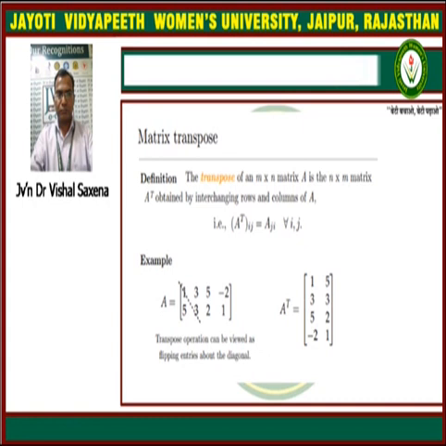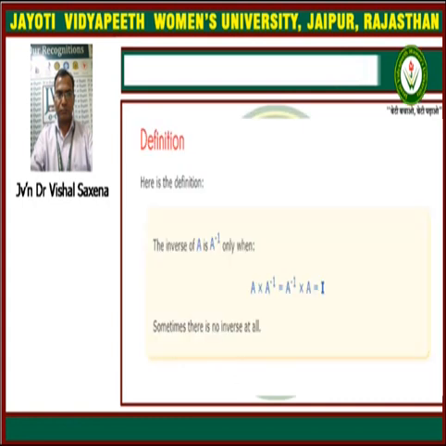Next we take the concept of the inverse. I have explained already what the meaning of inverse is. Suppose A is any matrix. Then its inverse is written as A inverse, A raised to the power minus 1. And what is the meaning of inverse?